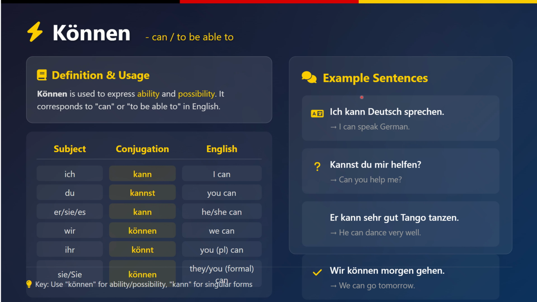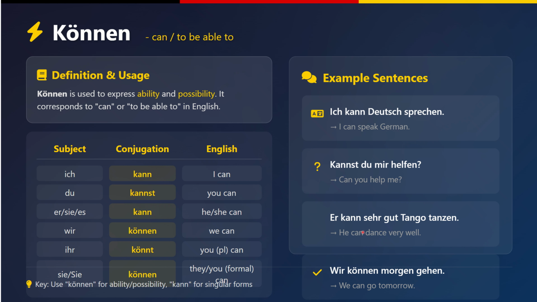Look at these example sentences. Ich kann Deutsch sprechen, which means I can speak German. Kannst du mir helfen? It means can you help me? Er kann sehr gut Tango tanzen, or simply kann sehr gut tanzen.